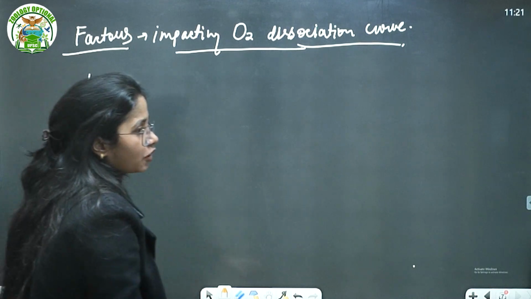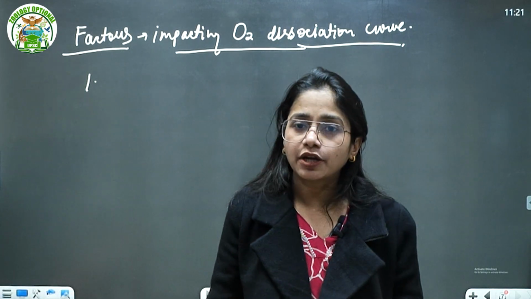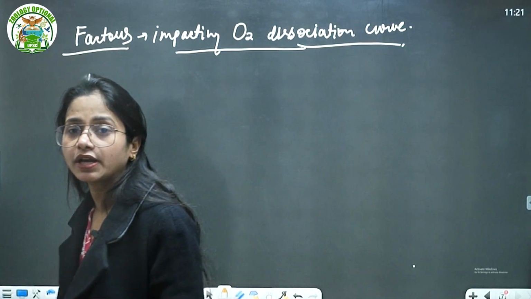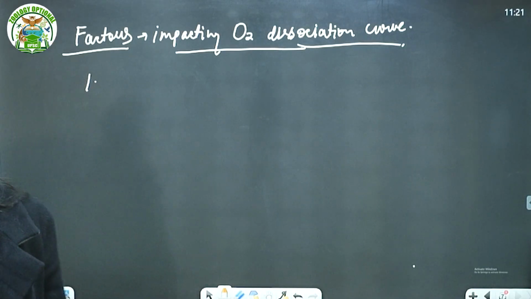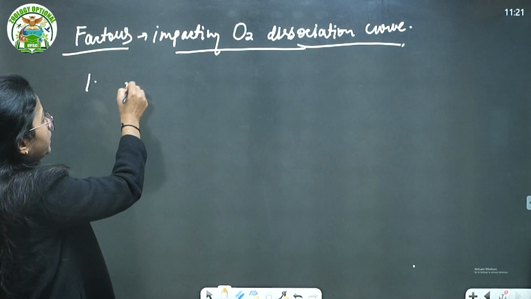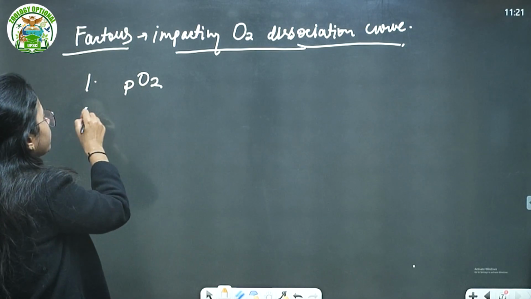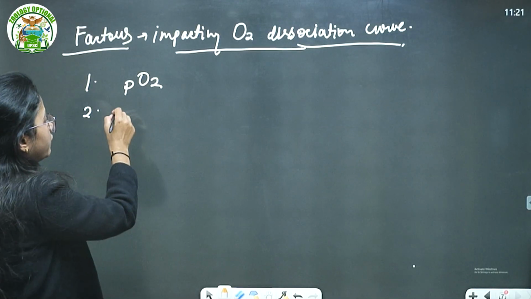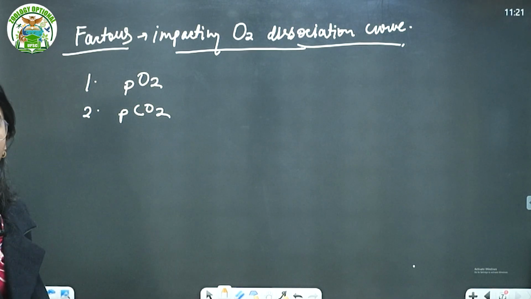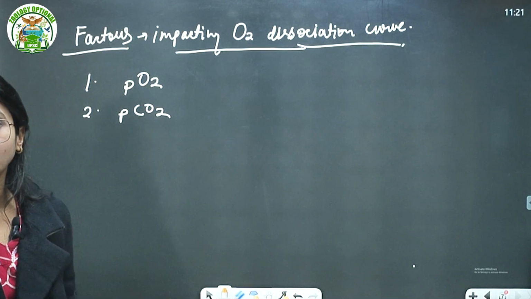First, of course, when we talk about the binding of oxygen in the tissues and in the alveoli, what is the difference here? Why does oxygen dissociation occur at the tissues while the association occurs at the alveoli? Because of PO2. So the first is PO2, right? And the second thing we need to talk about is PCO2, because the concentration of oxygen is different in different parts of the body.